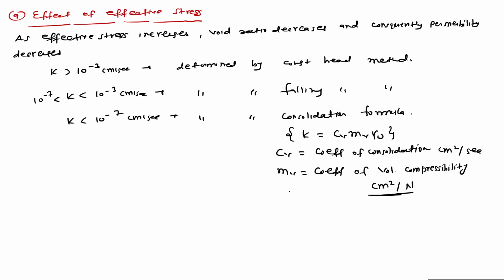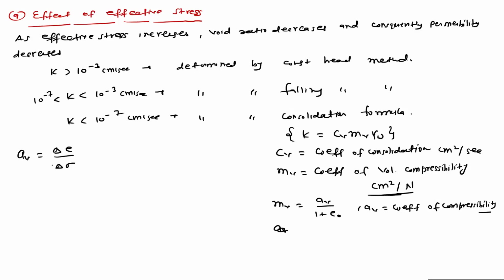And mv is equal to av divided by 1 plus e naught, where av is the coefficient of compressibility. av is equal to delta e divided by delta sigma.